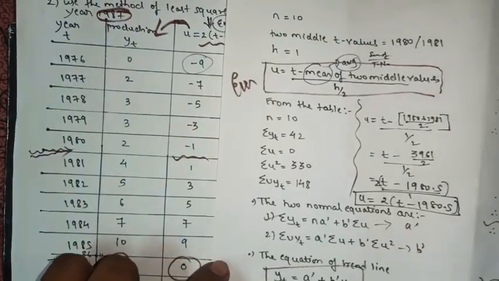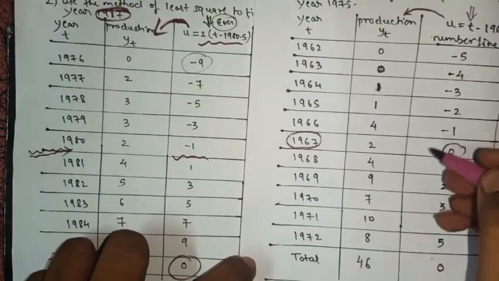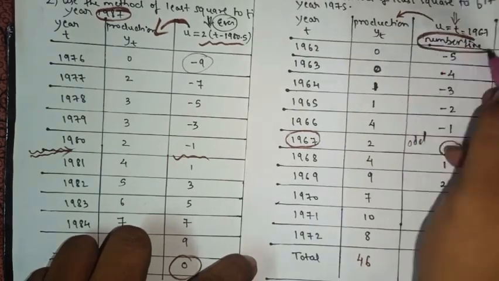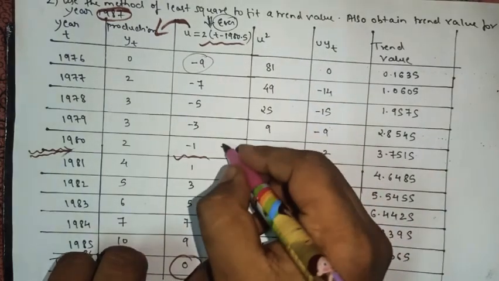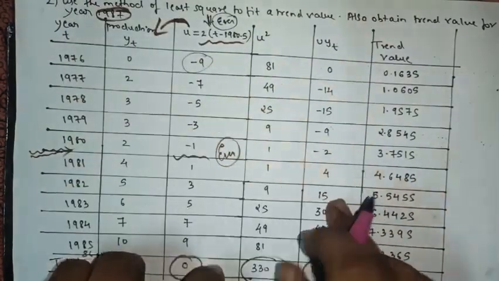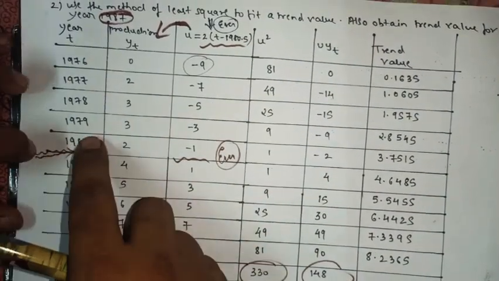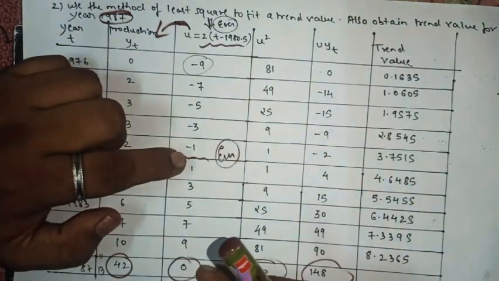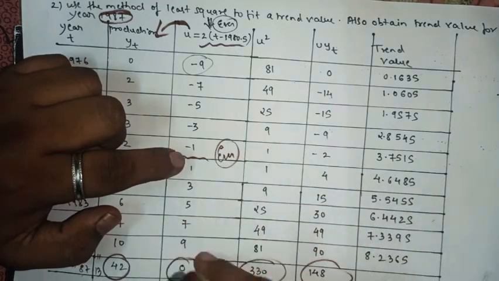Okay, so now what is the shortcut for you whenever it is odd numbers? Remember, the answer will be like a number line. Whenever it is even numbers, the middle number will lie between 1980 and 81. See to it that below number will be the odd numbers and above number will be the same but opposite symbol. So 1, 3, 5, 7, 9.